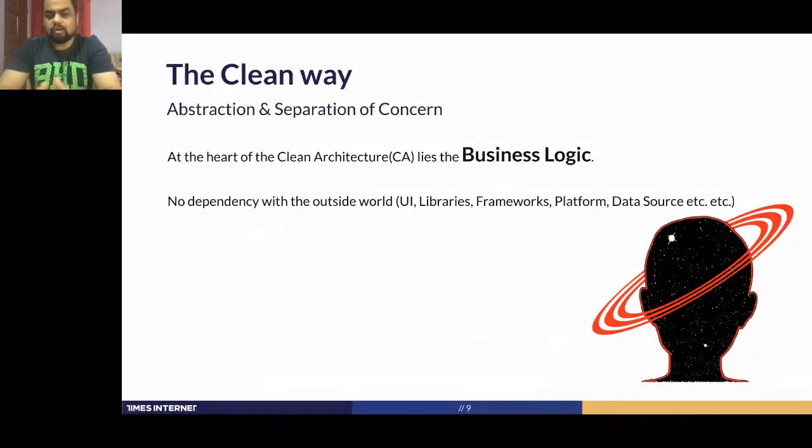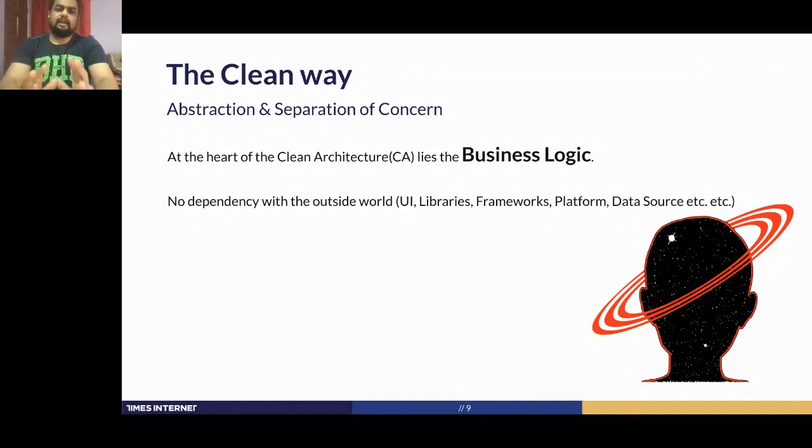So in this talk, I'll walk you through different steps slowly and gradually where you can end up with a much cleaner way of defining your architecture. We'll see some examples wherein we'll apply the clean way and also see how it can help us in maintaining our software quality as well as scalability.